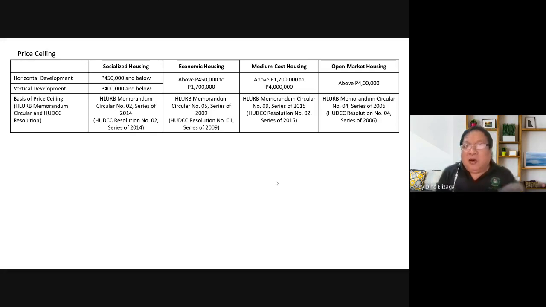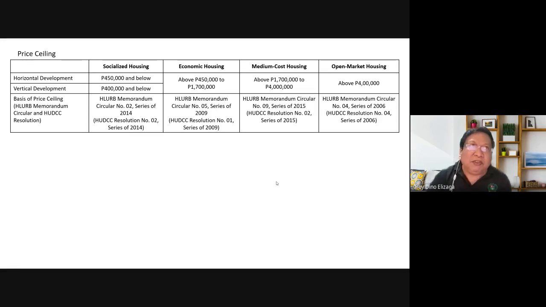So on the lowest rank is the socialized housing, 450,000 pesos and below is the cost of the house. Then the economic housing, for horizontal development at least, is 450,000 to 1.7 million, and then 1.7 to 4 million for medium cost, and open market housing is 4 million and above.